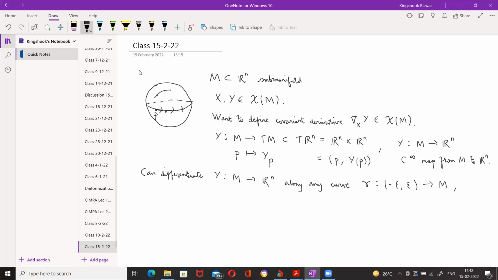So Y will look something like this over here and maybe something like this here. This is my curve gamma.